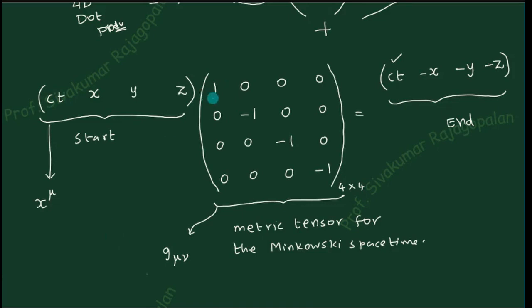Summation means, where is the summation? ct into 1, then you have a plus, that plus is the summation. Then x into 0, then plus y into 0. So we have to perform the Einstein summation if one index is upper and one index is lower. Because we are already performing the summation, you fix one of them upper and therefore you have to fix the other one lower.